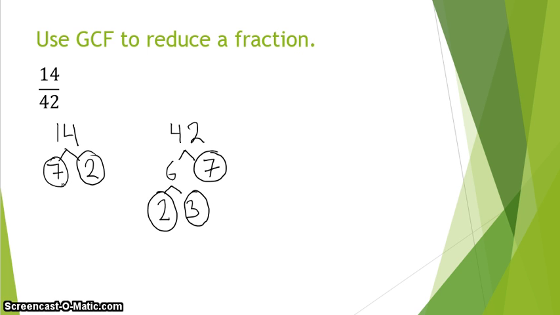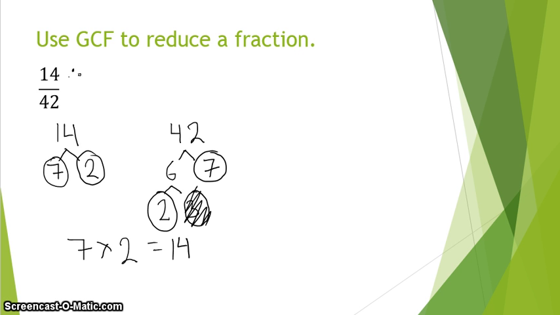So let's see. 14 has 1 7. 42 has 1 7, so that's a keeper. 14 has a 2, 42 has a 2, that's a keeper. 42 has a 3, but 14 does not, so I don't want that. 7 times 2 is 14, so that's the greatest common factor between 14 and 42.